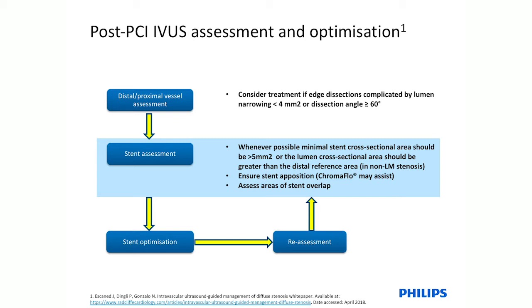So, based on this information from IVUS, typically what we do is optimize by selecting non-compliant balloons. For this, we can of course also use the stent imaging protocols included in your angiographic system, like StentBoost, for example, or StentBoost Live. And most frequently, what we do is reassess with IVUS to ensure that the actions we made to correct these anomalies, or aspects of suboptimal implantation of a stent, are corrected.